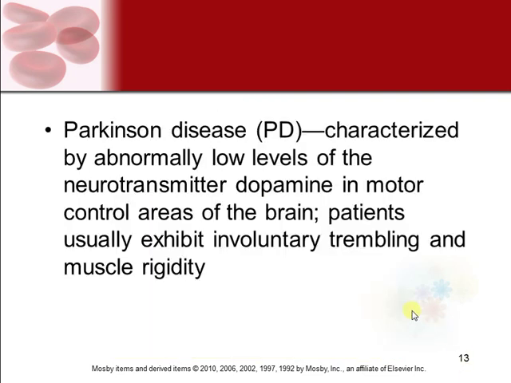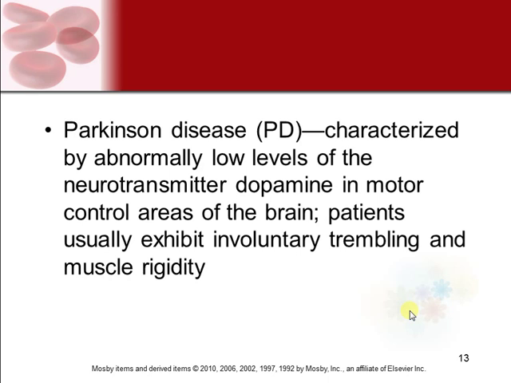For a disorder that disrupts this, we have Parkinson's disease as a great example. Parkinson's disease is an abnormally low level of the neurotransmitter dopamine in the motor control areas of the patient.